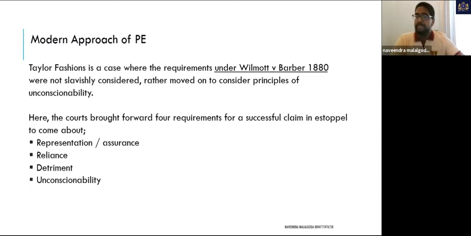And then the second element is reliance. Third is detriment, and finally unconscionability. So these four requirements are what we consider as being the four main elements that must be established in order to successfully raise an estoppel.